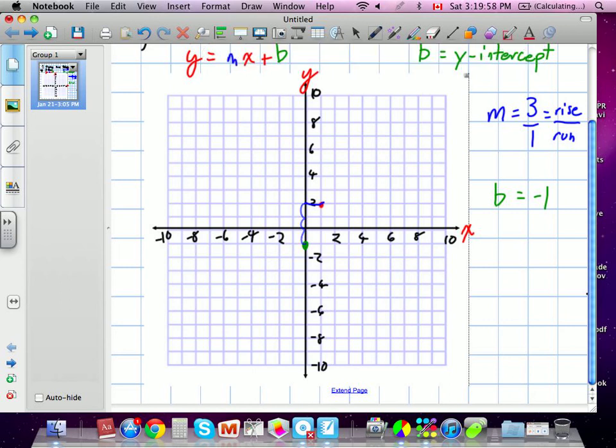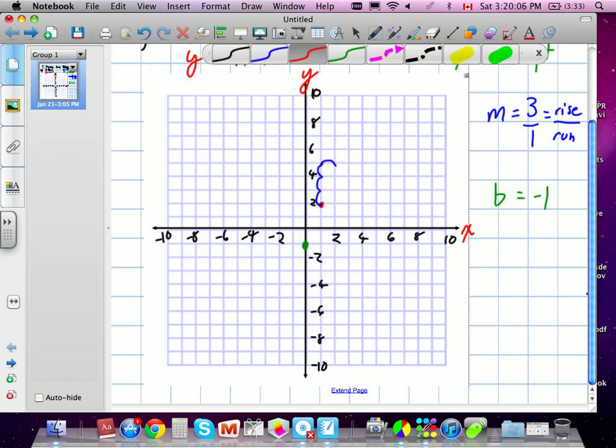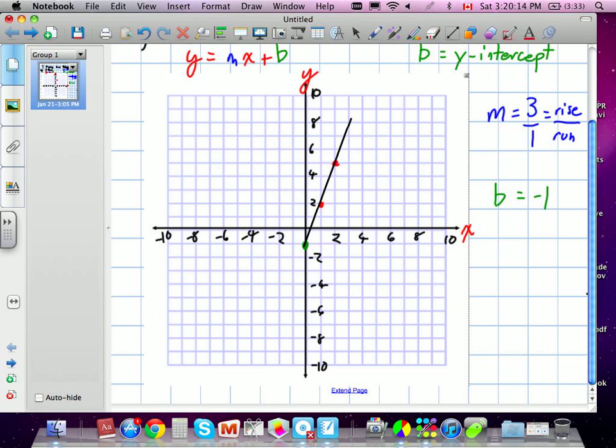I go up 1, 2, 3, to the right 1, and I have another point. Okay, so if we take a look, I'm going to draw a line through this. Yeah, it's not the best line, but that's the idea, right? Good. So that's our linear relationship.